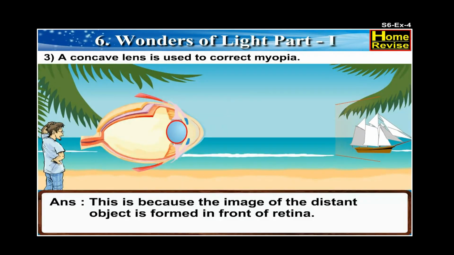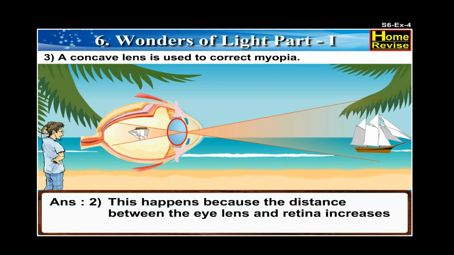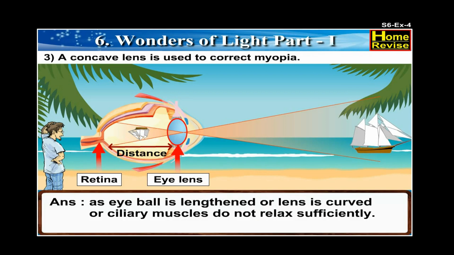This is because the image of the distant object is formed in front of the retina. 2. This happens because the distance between the eye lens and retina increases as the eyeball is lengthened, or the lens is too curved, or the ciliary muscles do not relax sufficiently.